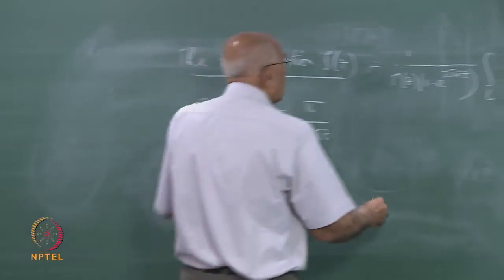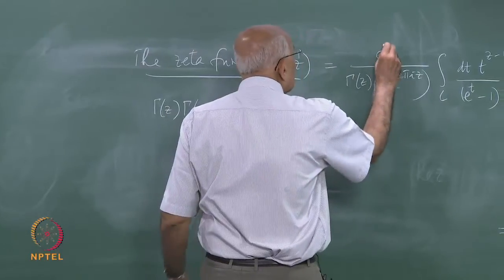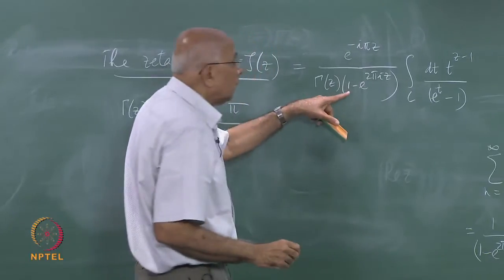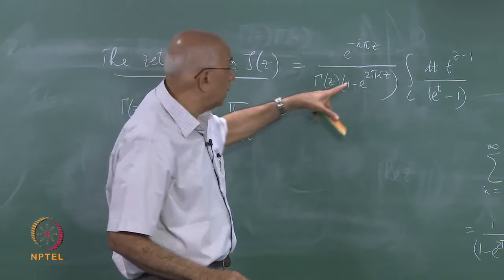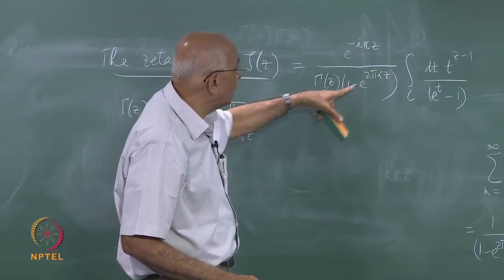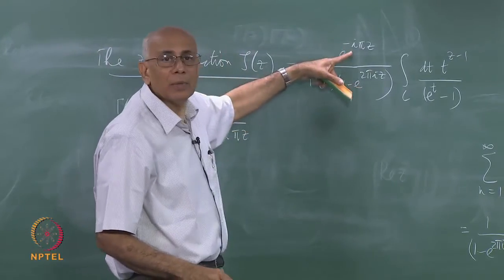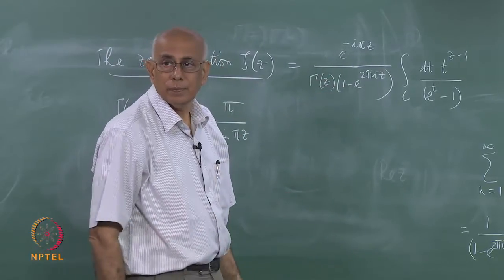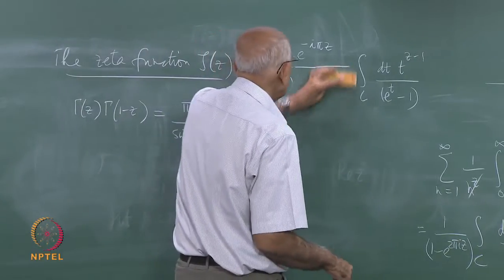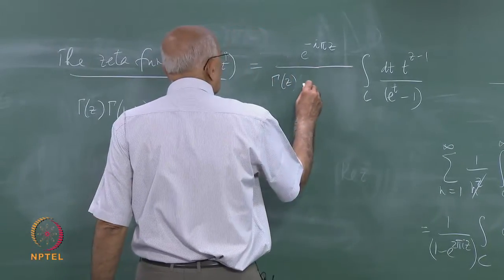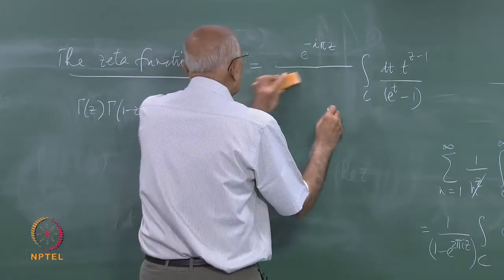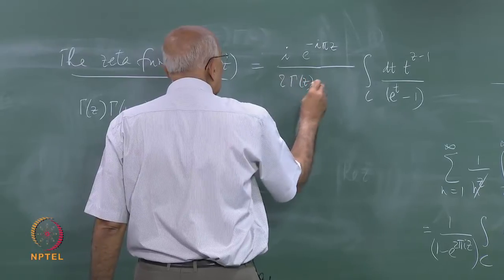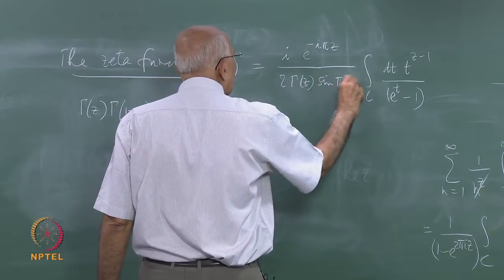So I am going to pull out an e to the minus I pi z, put it up on top, that gives me e to the I pi z plus e to the I pi z minus z. I multiply and divide by e to the minus I pi z. So this becomes minus 2i sine pi z. So this is equal to minus 2i. So let me write this as I over 2 gamma of z sine pi z.